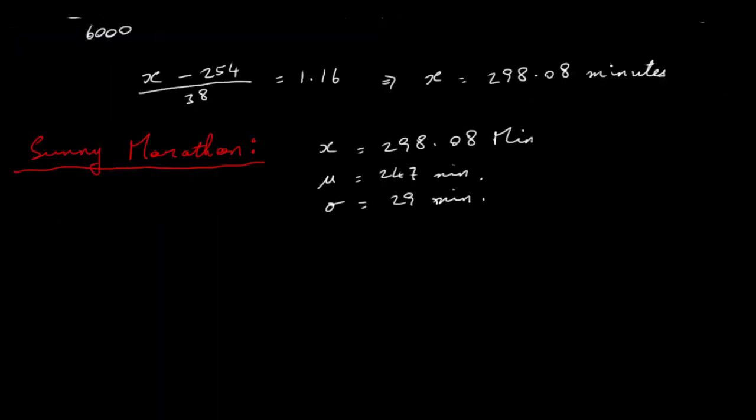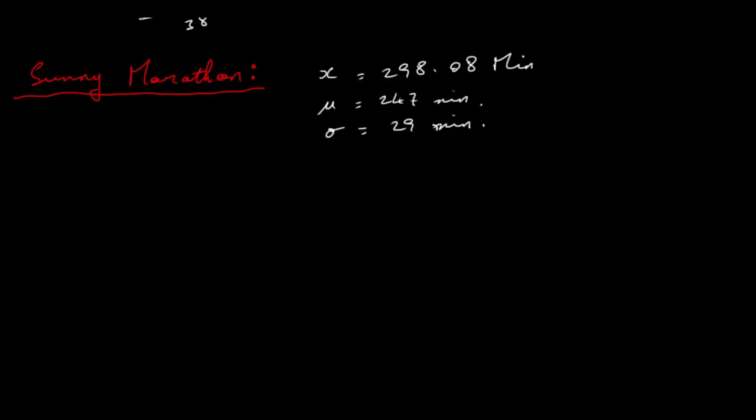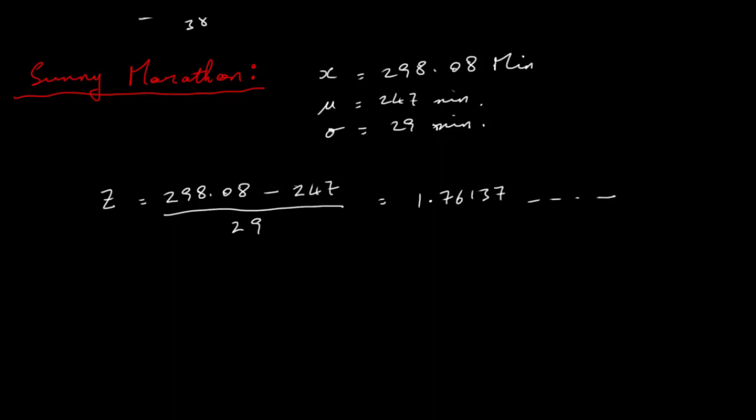So let's do that. Our Z value is equal to 298.08 minus the mean of 247, divided by the standard deviation 29. That gives us a Z value of 1.76137, and so on. So again, if we have our standard normal distribution here, the Z value is going to be up around here.